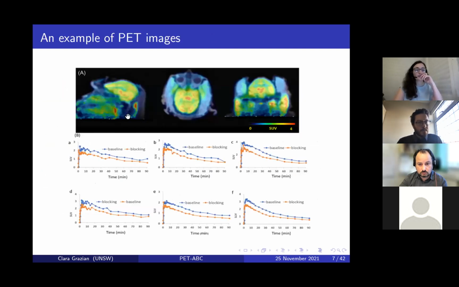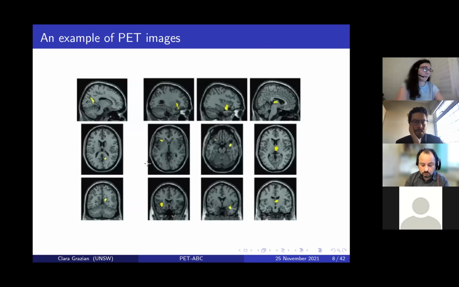So what you get is this type of images recorded over time. And what you would like to study usually are the so-called time activity curves, which represent the activity of the tracer over time. I'm going to talk a bit more about that later.